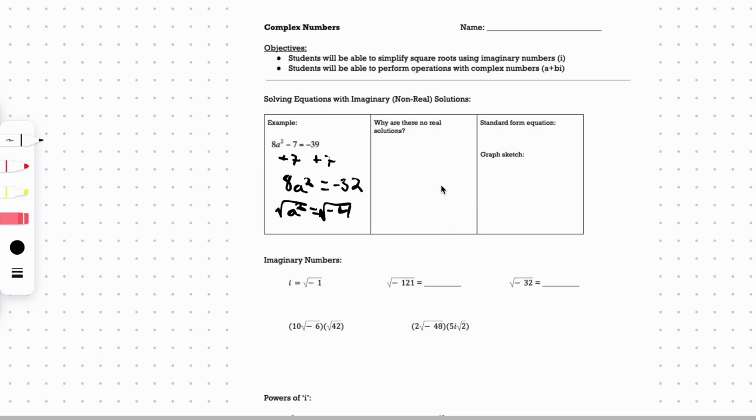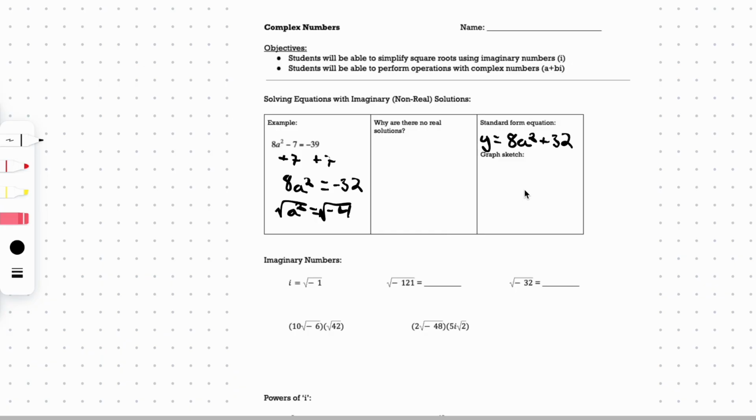So let's graph this. Let's write this out in standard form, which means moving the 39 over to the other side. That gives us y equals 8a squared, and then we add 39 to negative 7 and get plus 32.